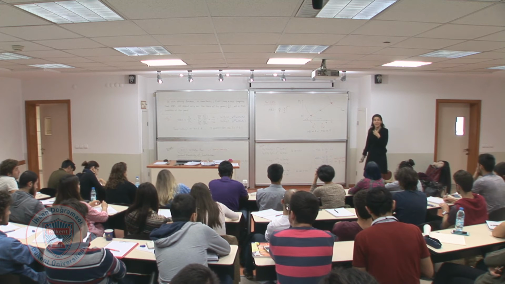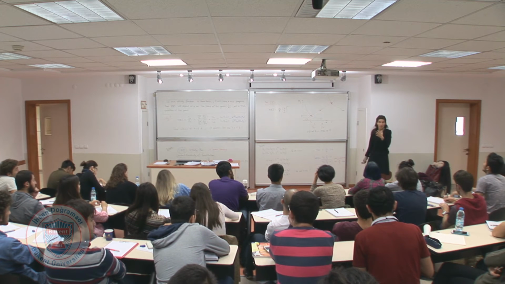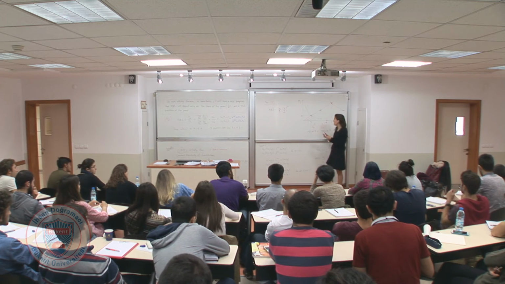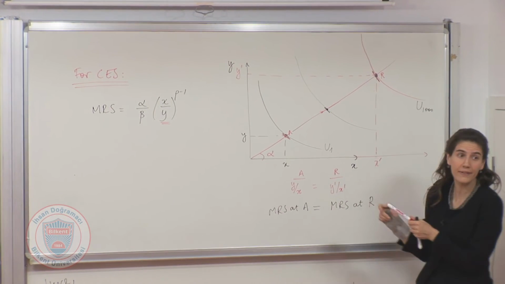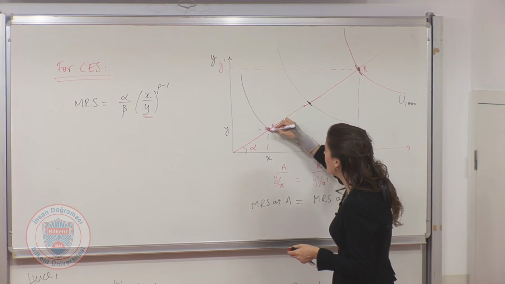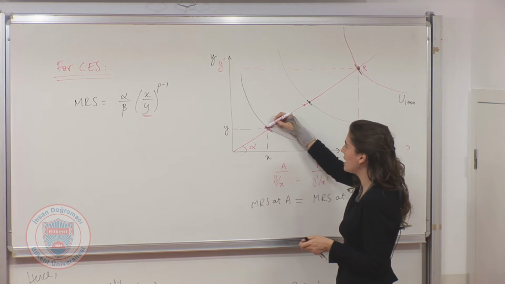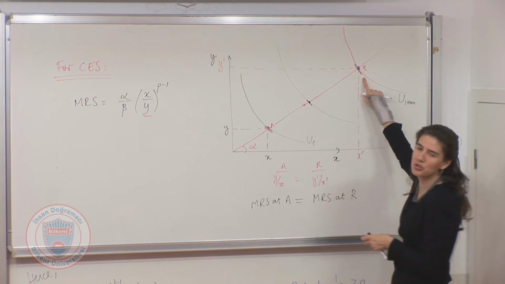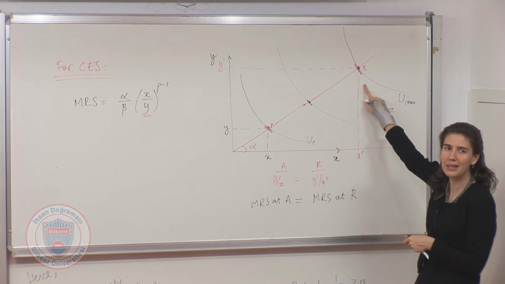It says that if I know Akbaba's indifference curve, I can actually get Rahmi Koç's indifference curve, right? Because I know that Akbaba's indifference curve is like this, MRS at this point is this, and then Rahmi Koç's MRS at that point will be that, okay?